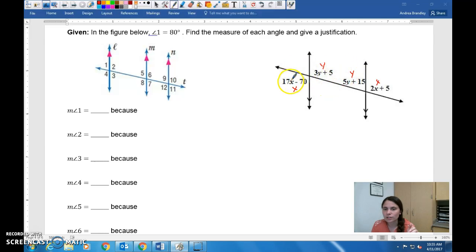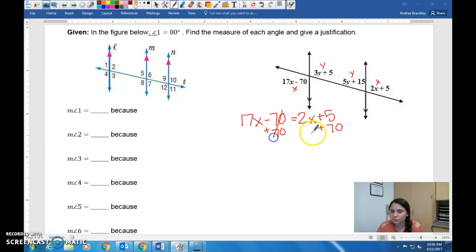My x angles are alternate exterior angles, and alternate exterior angles are congruent. So 17x minus 70 has to be equal to 2x plus 5. Once I'm here, I can use regular methods of solving equations to get x by itself. I'll add 70 to both sides and subtract 2x from both sides.